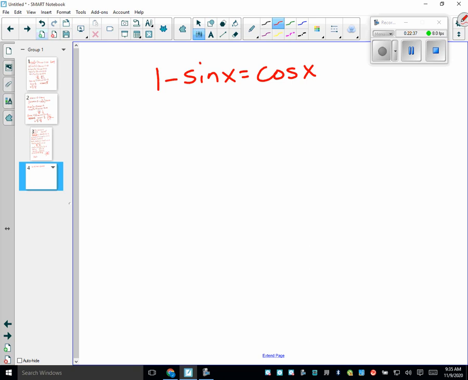So when I square both sides, isn't the left 1 minus 2 sine x plus sine squared x?